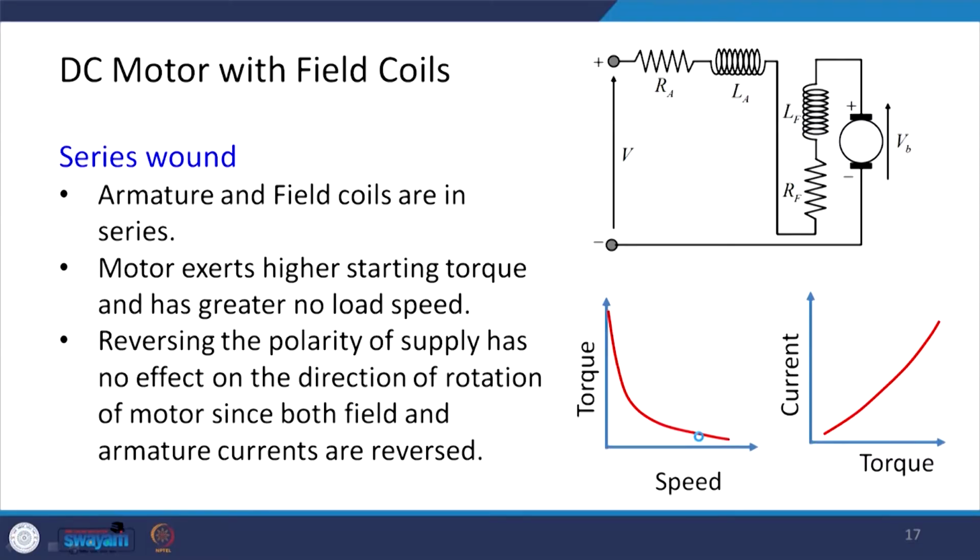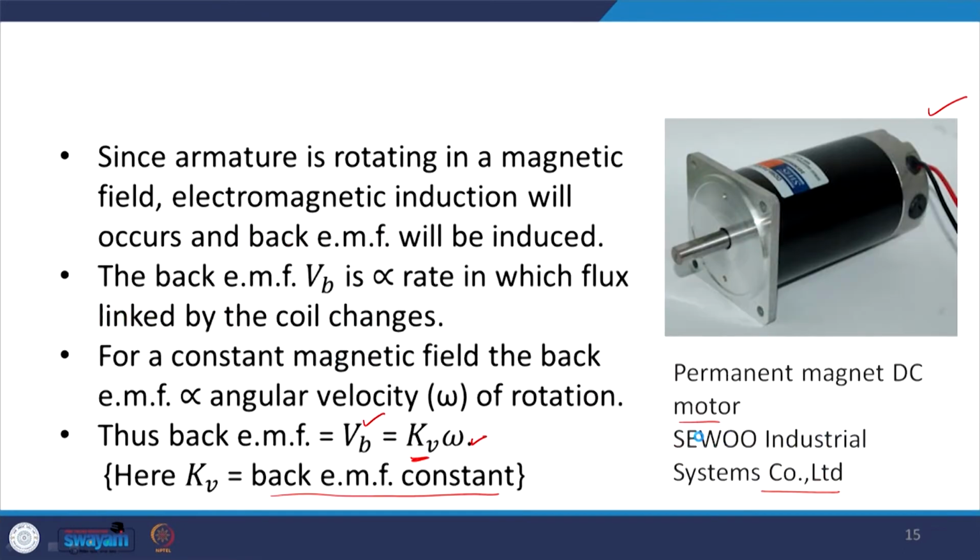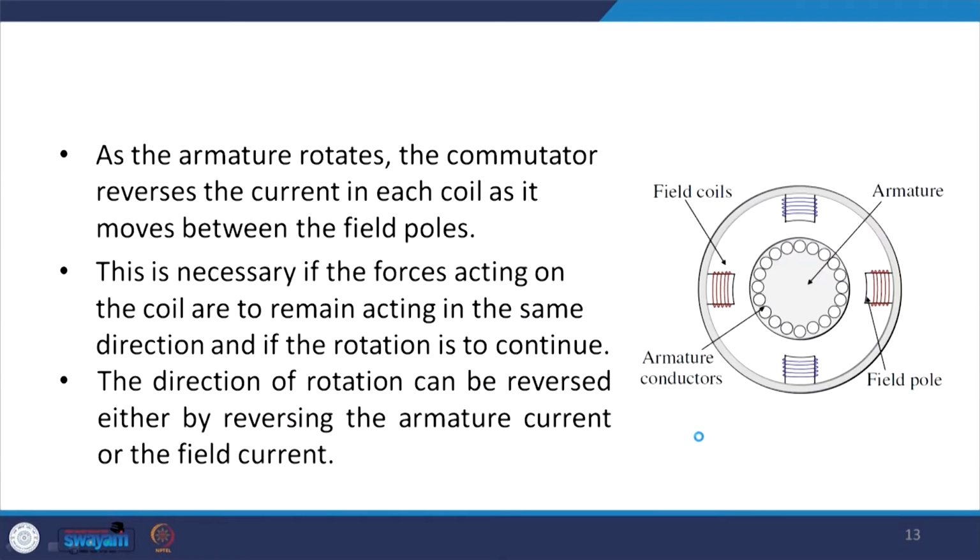Next, let us take up the DC motor with field coils. As you see, our rotor is placed in a magnetic field produced by the field coils. So, you have the field coils over here, and here is your armature.